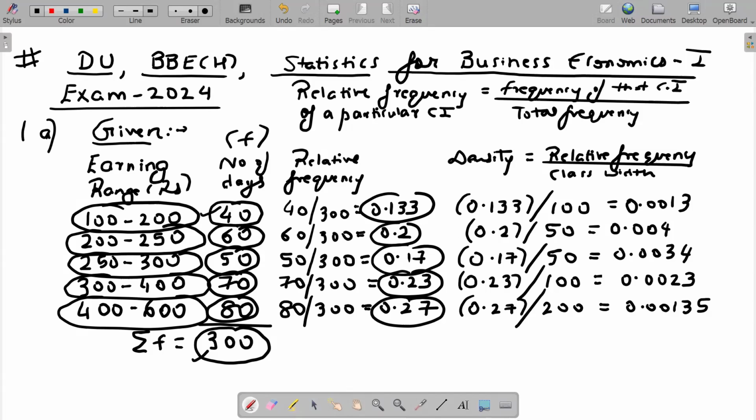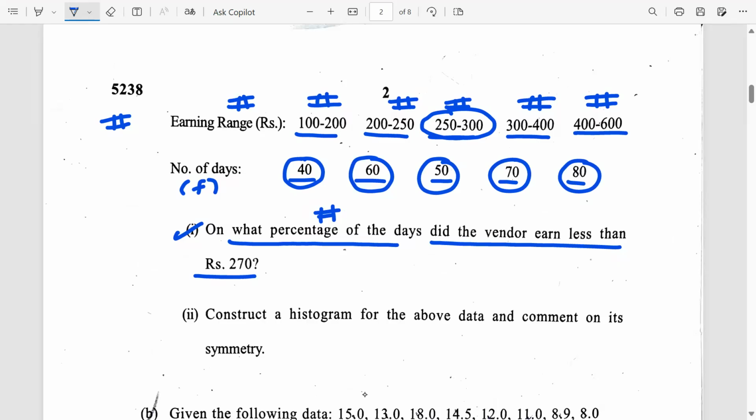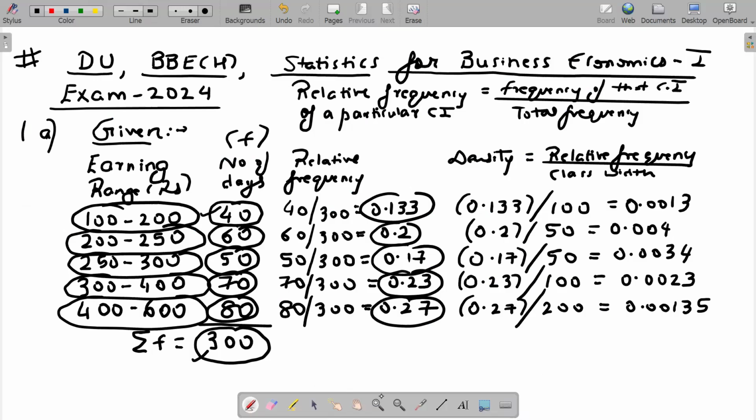Now if I come back to the question paper, what was the first part asking us? On what percentage of days did the vendor earn less than 270 rupees? Less than 270 means these two class intervals will be included for sure, because 270 lies in this class interval.